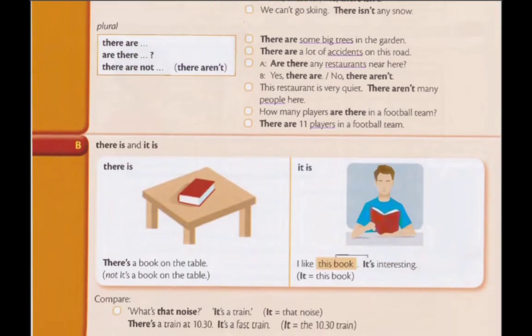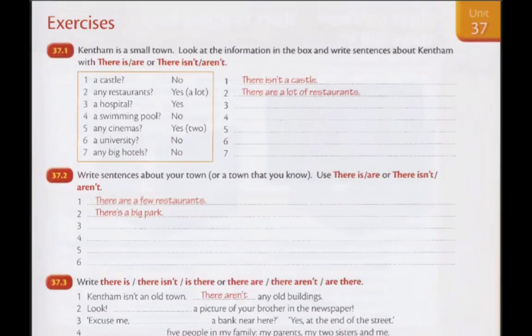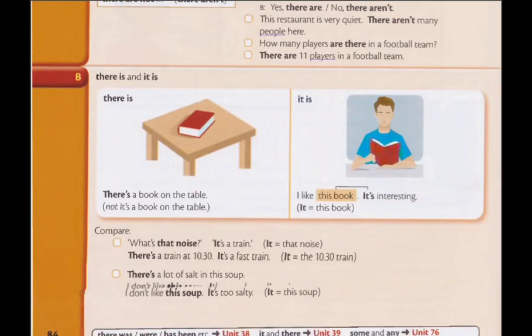Well, now we have part B here. After that, we will go to practicing there is and it is. Guys, there is a book on the table. You see that, right? Not it's a book on the table. We want to say that, guys, there is a book on the table.